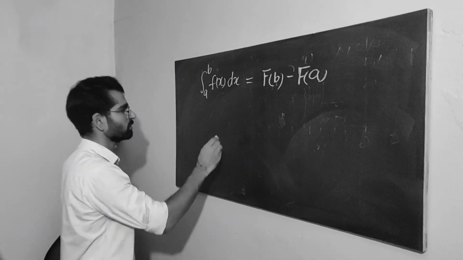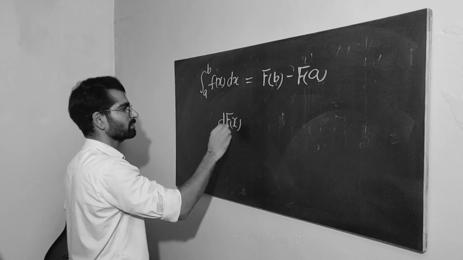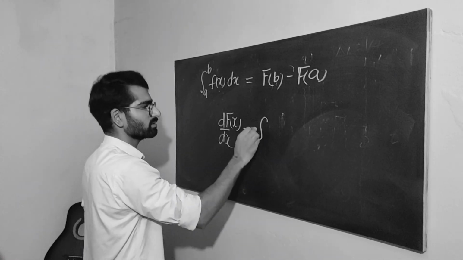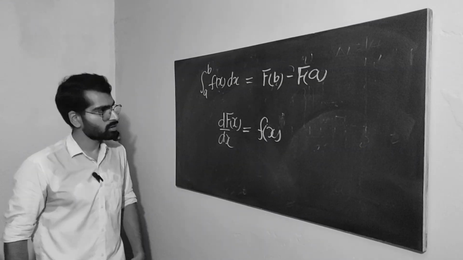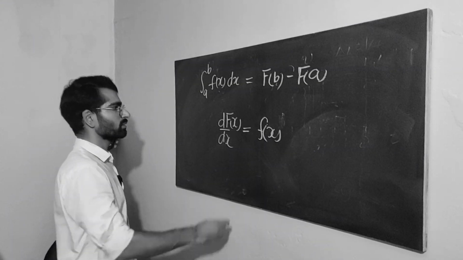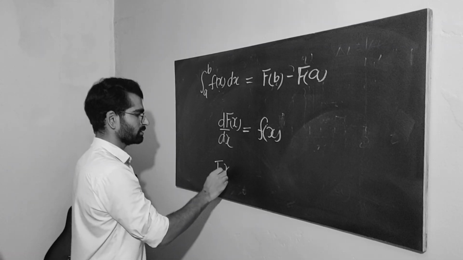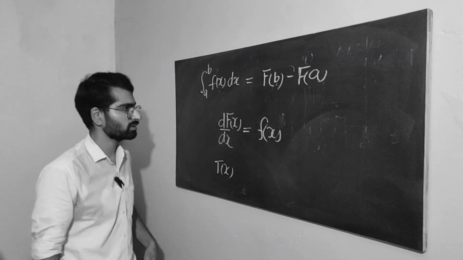And remember, the derivative of capital F of x has to be small f of x, where capital F of x could represent temperature as a function of x as you move along in the x direction.